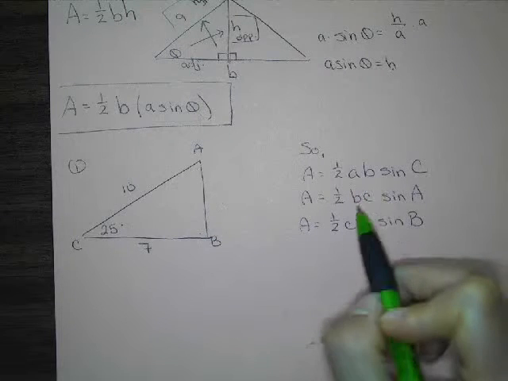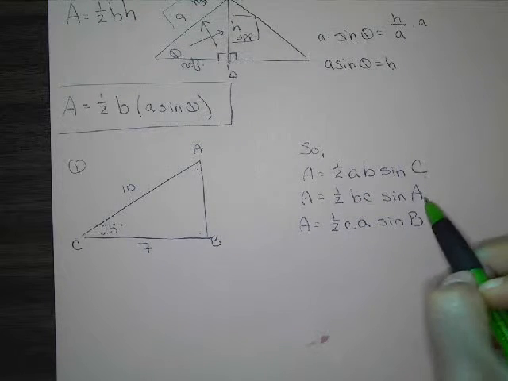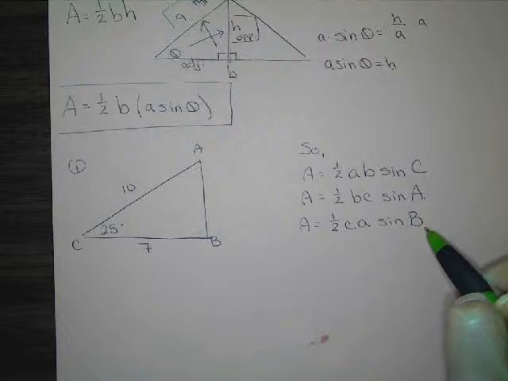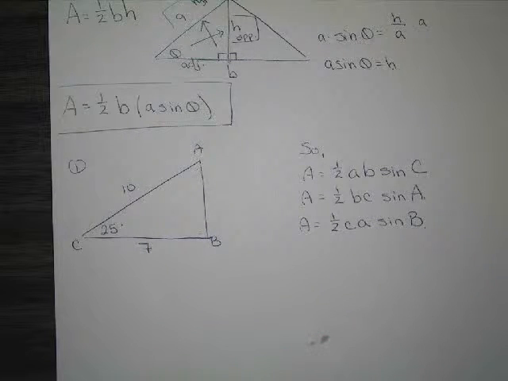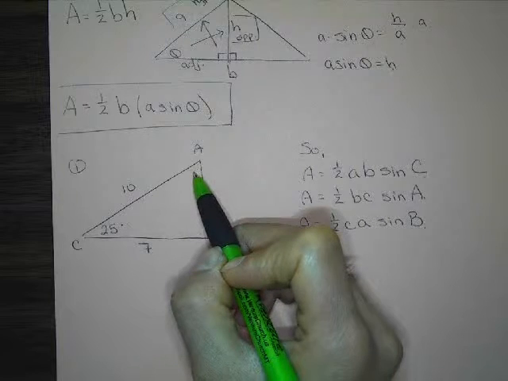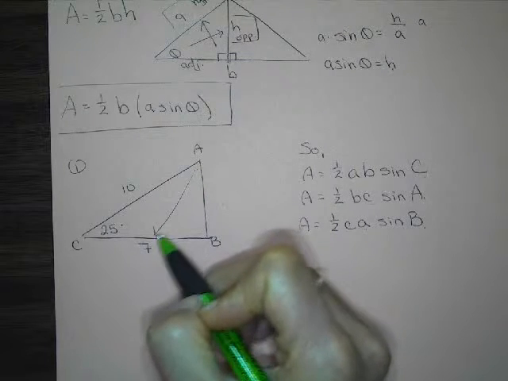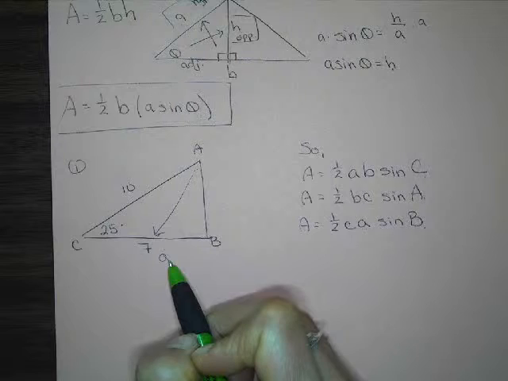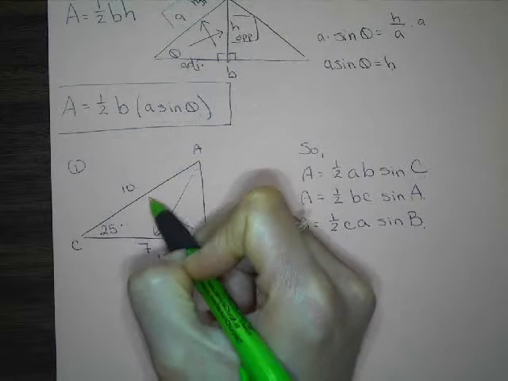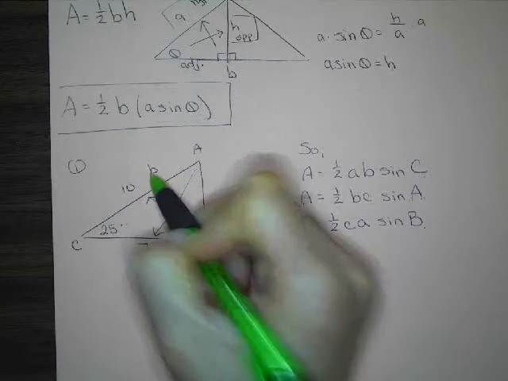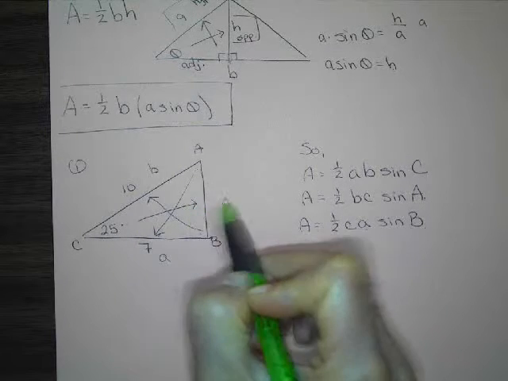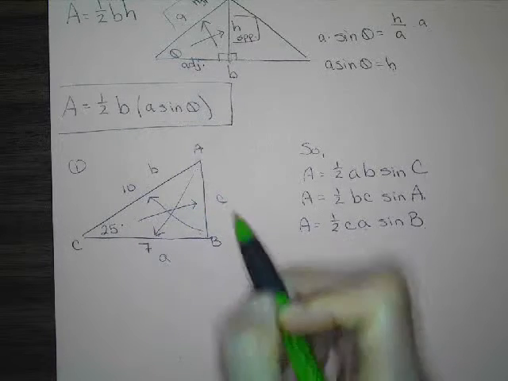So these lowercase letters are the side lengths, and the uppercase letters are the angles. So to figure out which side is which, you just go across from the angle. So angle A here, this opposite side is going to be side A. With angle B here, the opposite side is side B. And with angle C, the opposite side is C.